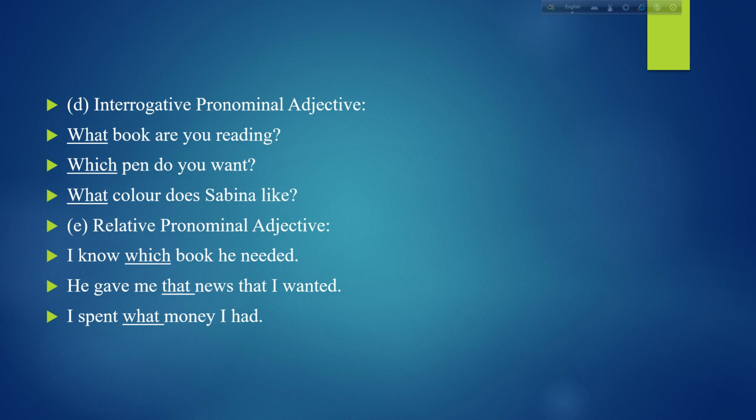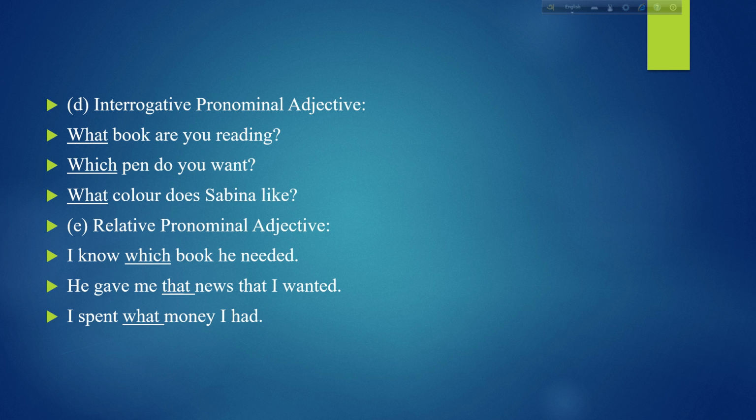Number D, interrogative pronominal adjective. What book are you reading? What? Which pen do you want? Which? What color does Sabina like? What? What, which, and what. These are all interrogative pronominal adjectives. Last one, number E, relative pronominal adjective.